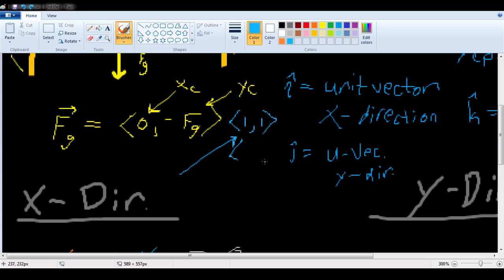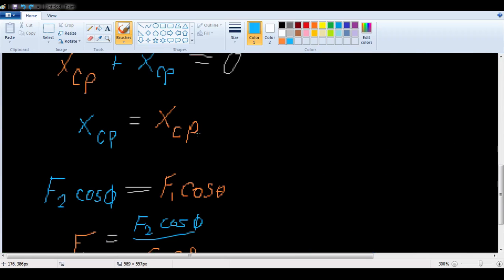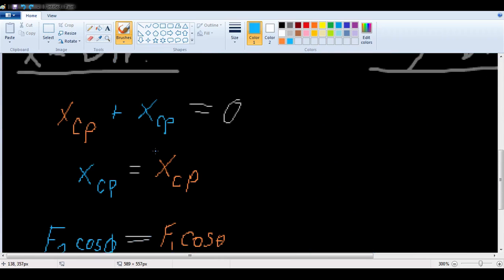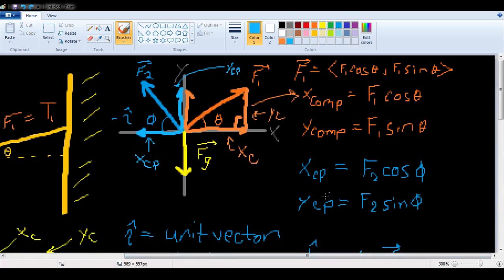So you can add components of vectors and not have to worry about any silly interference from the other components. So that being said, we can treat these as if they were vectors, in which case I would just add a negative sign out in front of this one because it's pointing in the negative i direction, so that negative sign is coming from here.